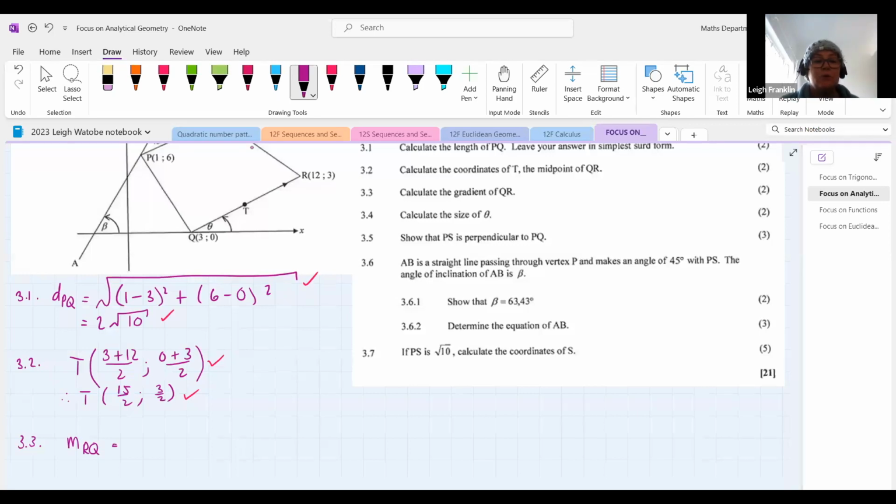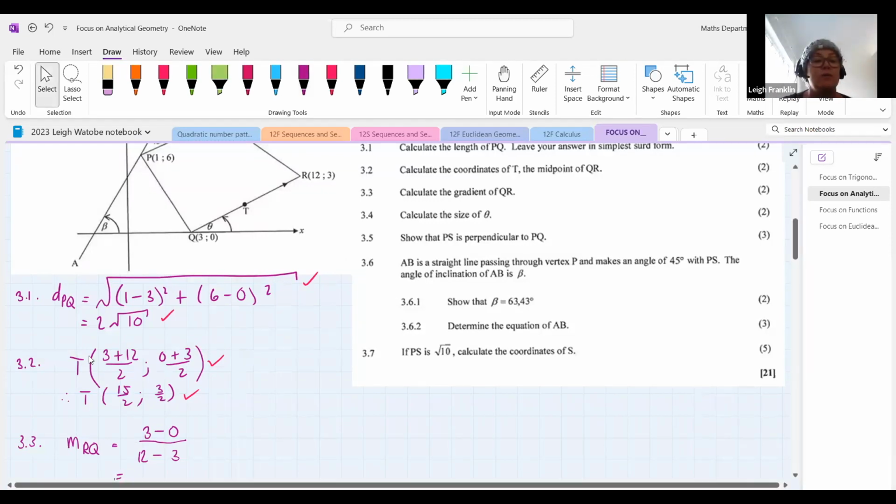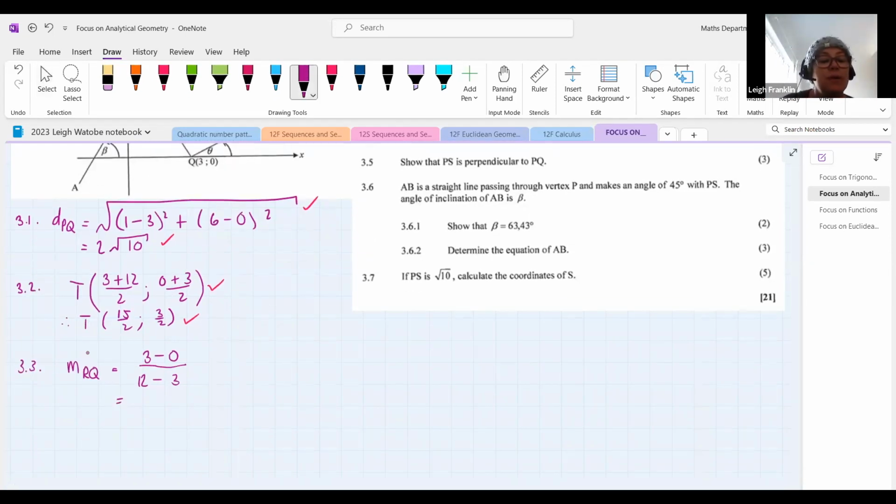We've got 3 minus 0 up at the top over 12 minus 3 at the bottom, and that's going to give us a gradient of 3 over 9, which is 1 over 3. Let's just move down a little bit and put that over there.